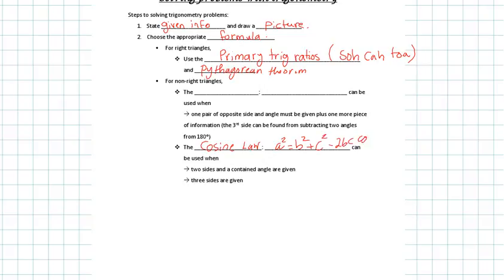It's easier to determine if it's cosine law, because for cosine law you have two options: two sides and the angle between them, or all three sides. Those are your options, nothing else.